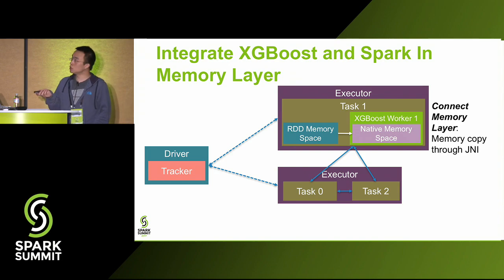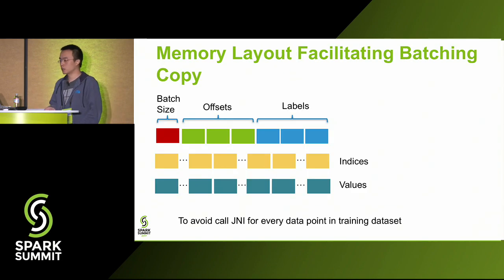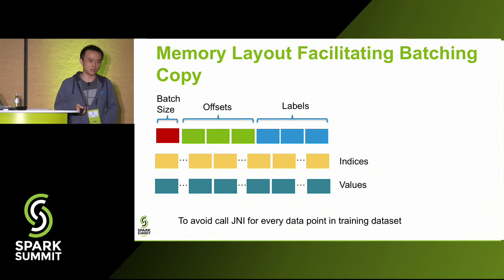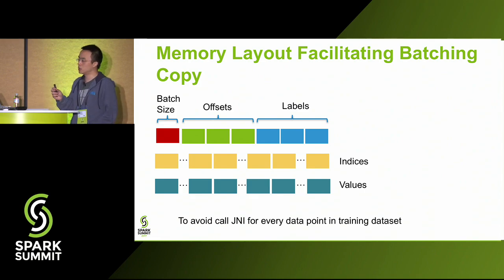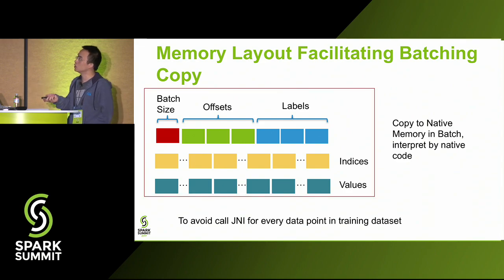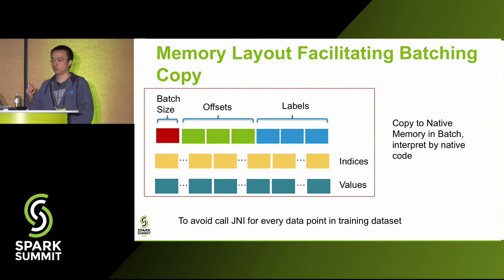One of the implementation details here is that JNI calling is very expensive. We don't want to copy sample by sample. So here we copy in batches, and then with the native code, we interpret this memory batch and transform it to the format which can be read by the native core code of XGBoost.